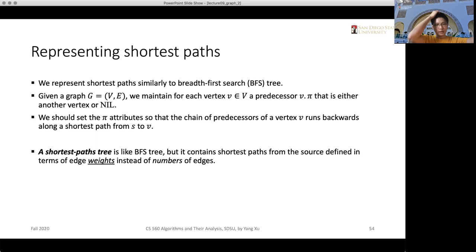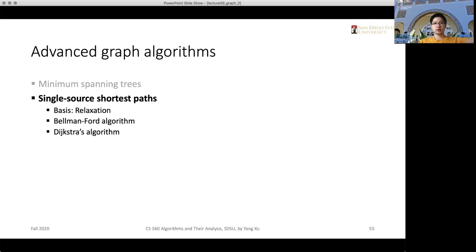So a shortest path tree is just like a BFS tree, right? But it contains the shortest paths from the source. Again, here we want to emphasize that the path is defined in terms of the edge weights, instead of the number of edges.